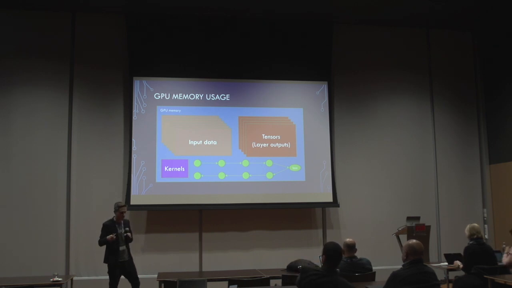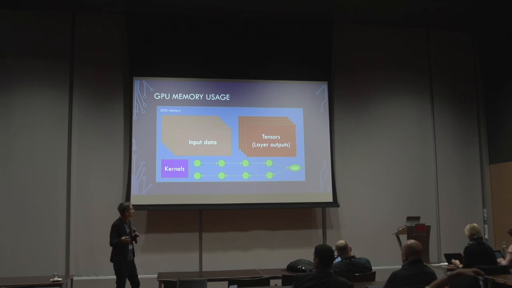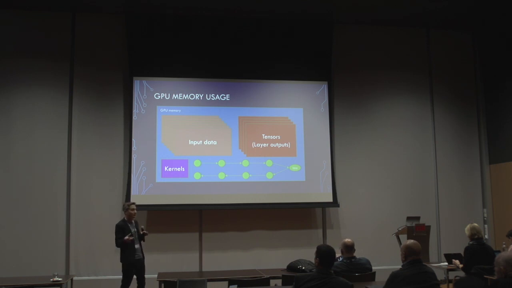The kernels are the actual GPU code that you use to calculate your loss or your ReLUs or whatever. That's the actual code, we can't get rid of that. It's important. We also have the neural network itself. That has to be resident in the GPU memory. We can't really get rid of that unless we scale down what we can actually do with it and shrink it down. We're trying to not have to do that.